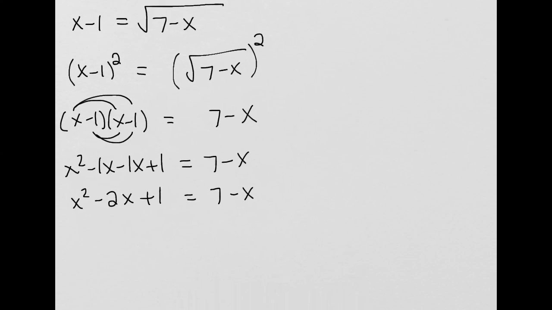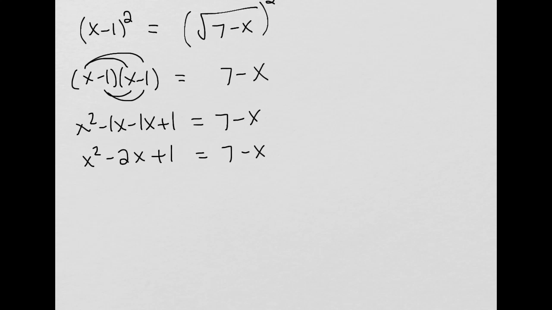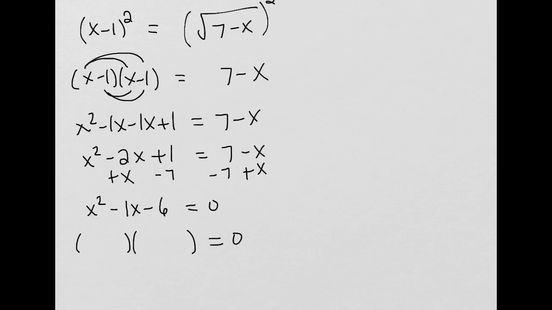This is a quadratic equation, so I want to get all my terms on one side, so I'm going to add x to both sides and I'm going to subtract 7 from both sides. So that gives us x squared minus 1x minus 6 equals 0. And then I want to factor, if I can, my left-hand side. I could also use the quadratic formula or the completing the square technique.